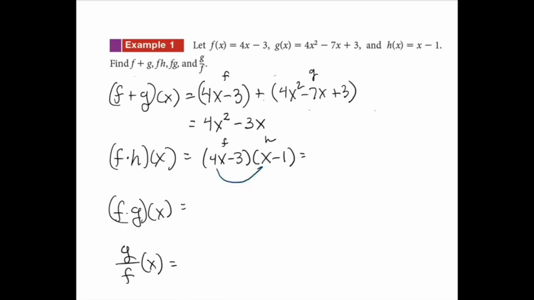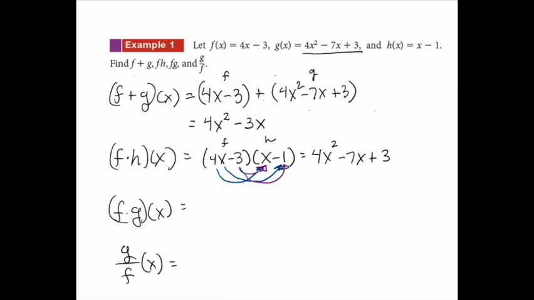So I'm going to take 4x times x and then 4x times negative 1. Then we're going to take negative 3 times x, and then negative 3 times negative 1, and then combine like terms. So when we work that out, we're going to get 4x squared minus 7x plus 3.